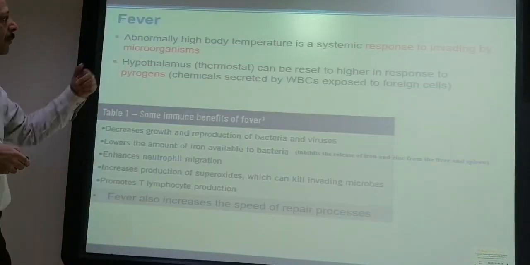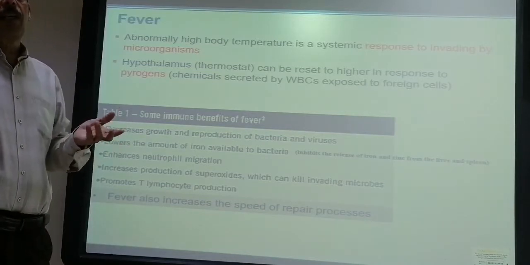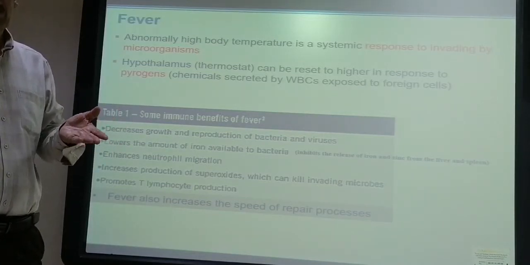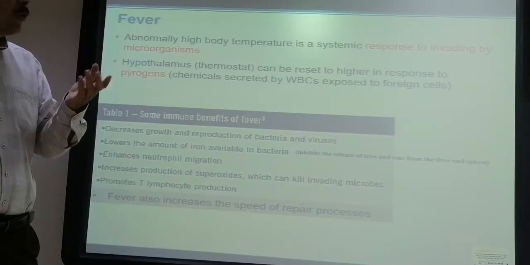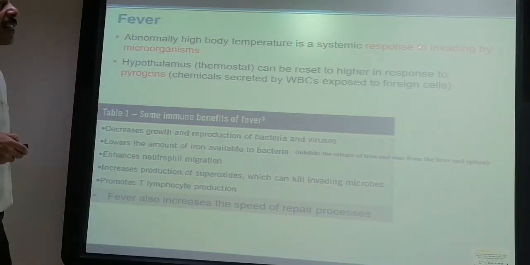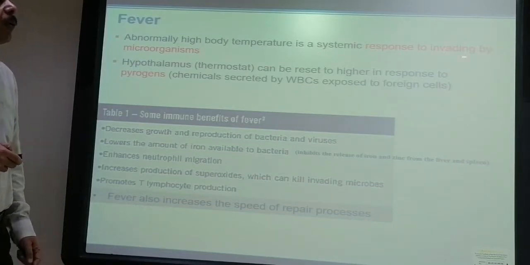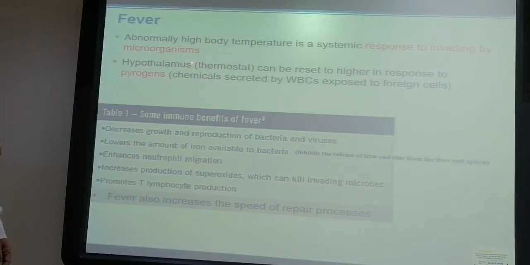The fever. Mostly when we are getting infection, one of the signs is fever. So the fever is an abnormally high body temperature, a systemic response to invasion by microorganisms.